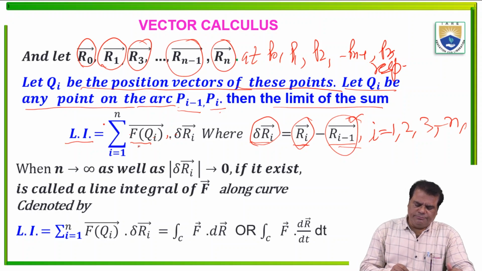So now when n tends to infinity, the limit is from i equals 1 to n.